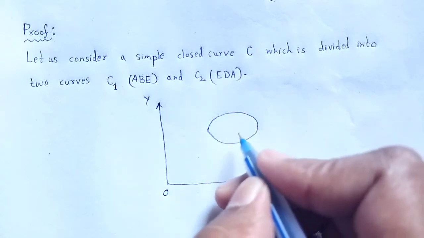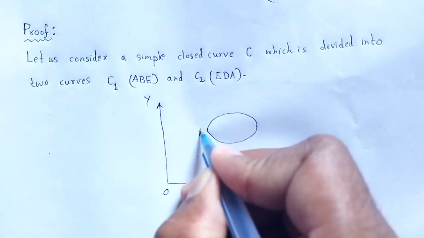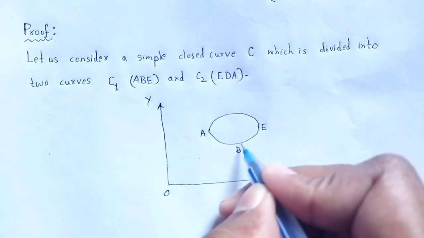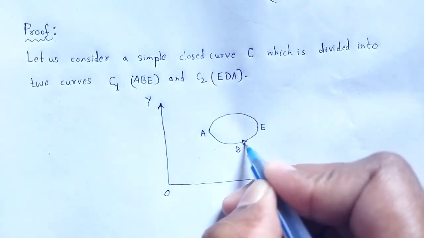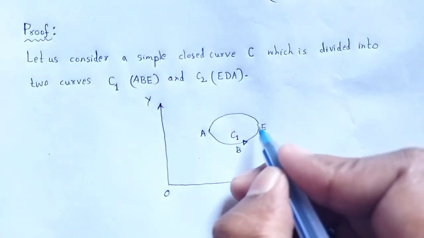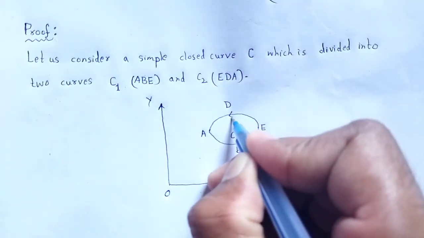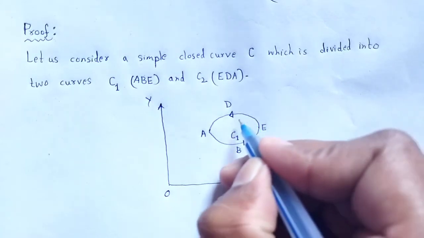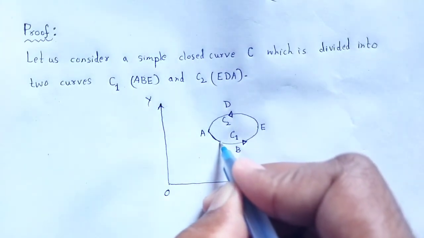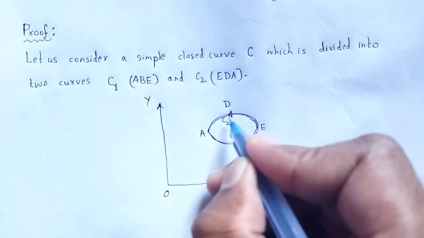This entire curve is C, and it is divided as ABE, a curve named C1, and EDA named C2.